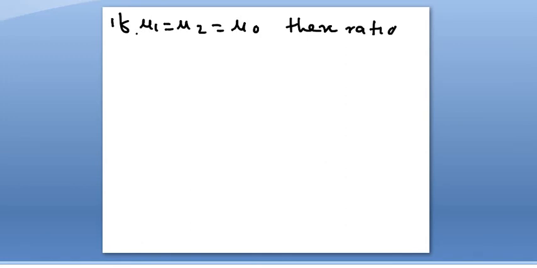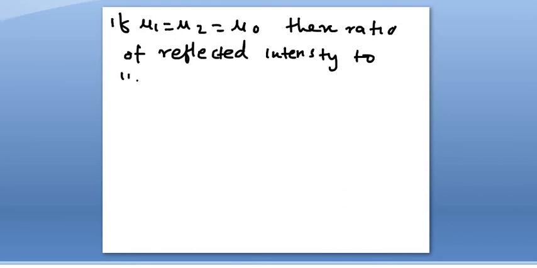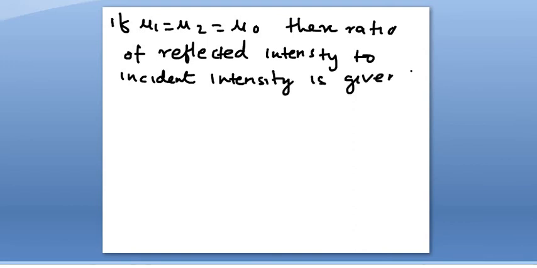If mu1 is equal to mu2 is equal to mu0, then the ratio of reflected intensity to incident intensity, R is equal to IR by II, which is the reflection coefficient.